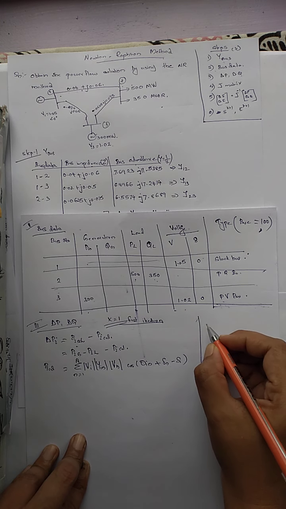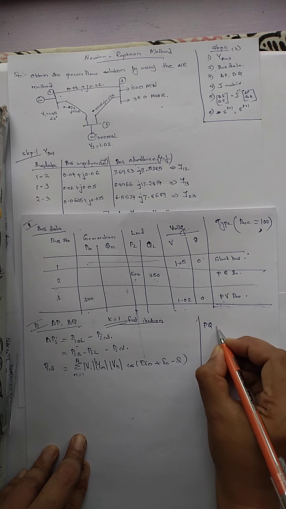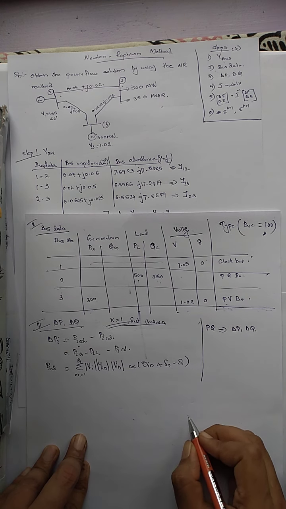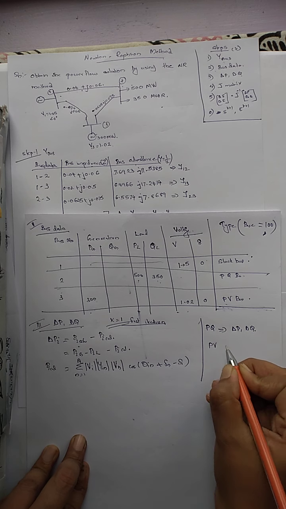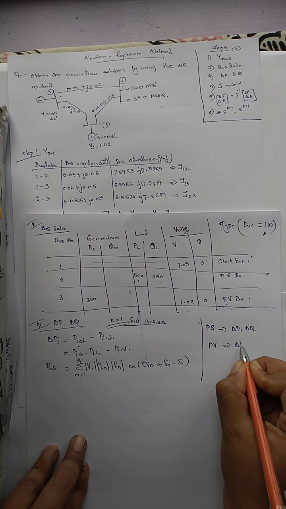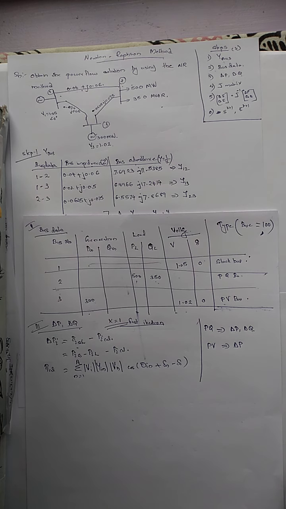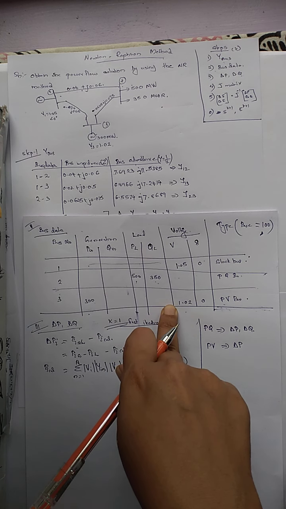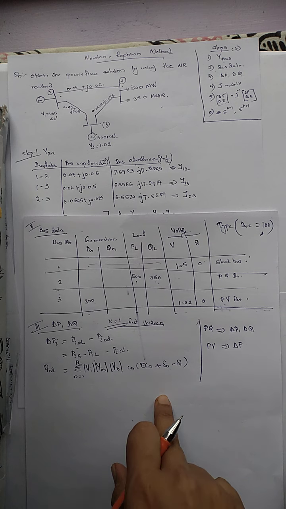If my bus is a PQ bus, then I have to find out delta P and delta Q. And if my bus is a PV bus, then I have to find out only delta P. Up to this we have done in our Gauss-Seidel method, and here the difference comes.